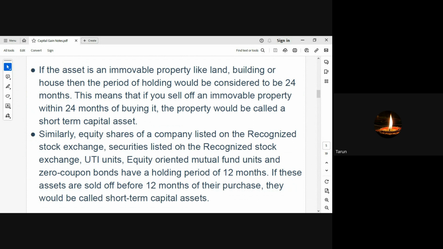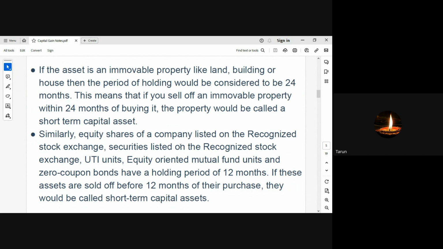Any asset that you buy and sell off within the 3 years is a short-term capital asset. It could be on a recognized stock exchange, any securities listed on the stock exchange, UTI units, that is Unit Trust of India, or any mutual fund products, like zero coupon bonds, the bonds that you earn at a 0% interest rate, and having a holding period of 12 months.